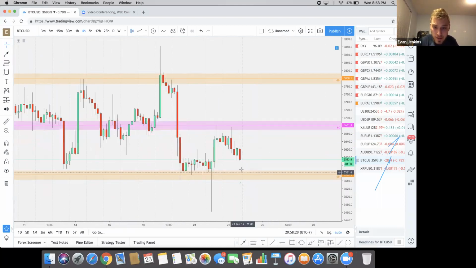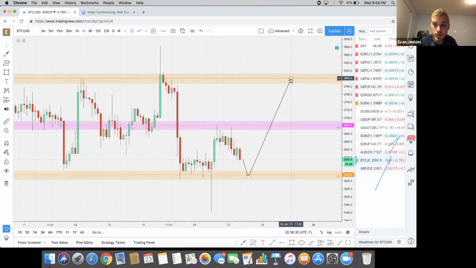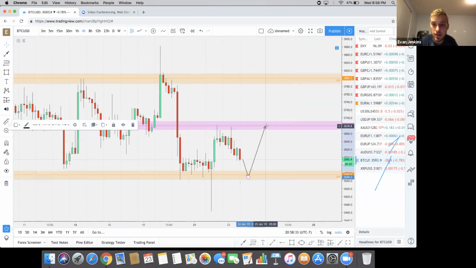So if this does come back down here, I would want to see it create more of a floor, and then even just head back up here to this area. So I was going to be trading this first take profit at equilibrium, move the stop loss to break even, and then second take profit at the ceiling right here, which would be right around 3,800.